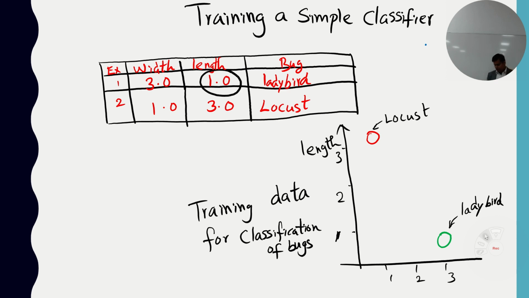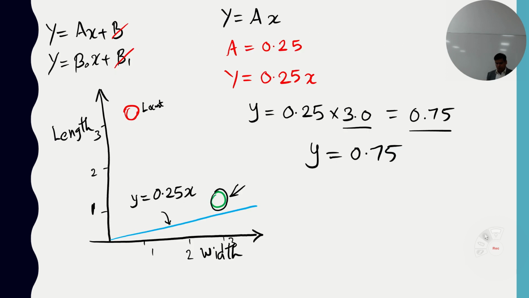So if you put 0.75, the line is going to directly pass through that ladybird. So that's where we have to see what kind of error is happening right now and how we can avoid things. We should make sure that this y equals 1.0 for the ladybird, we know that.